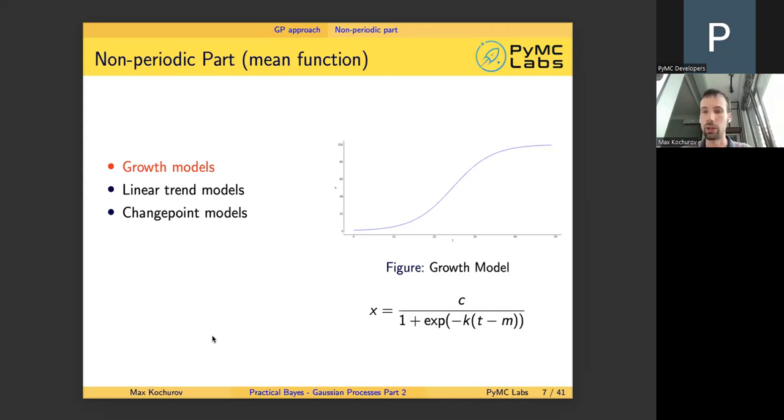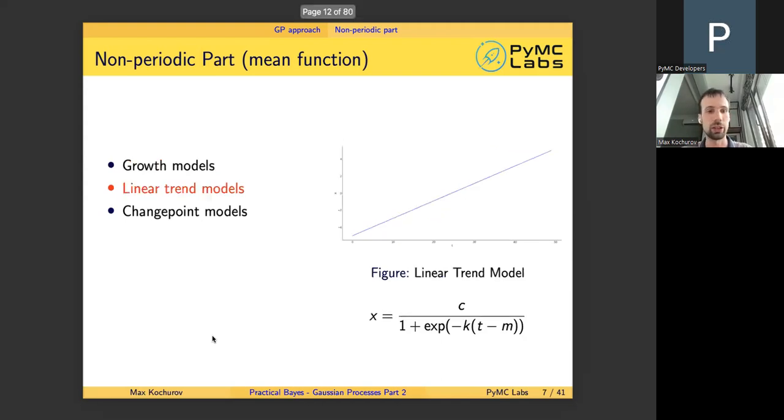Maybe the observed variable saturates to some extent. Maybe it grows indefinitely with a linear trend. Maybe it grows exponentially. Without this mean function, the Gaussian process won't be able to actually figure it out for you and won't extrapolate nicely.